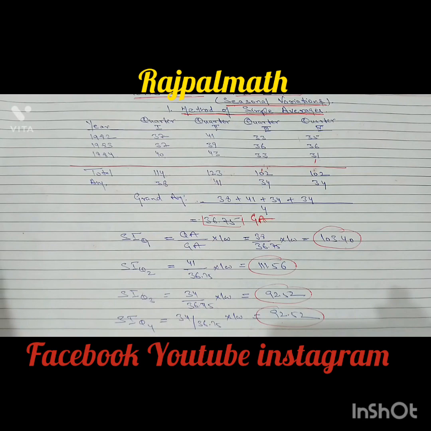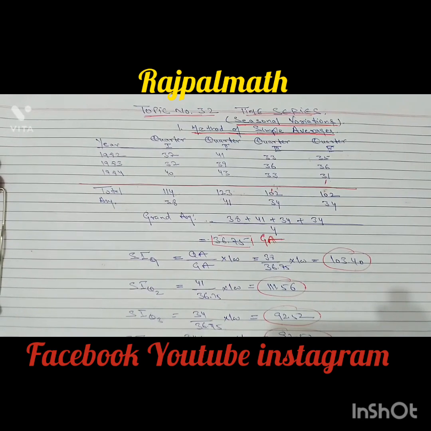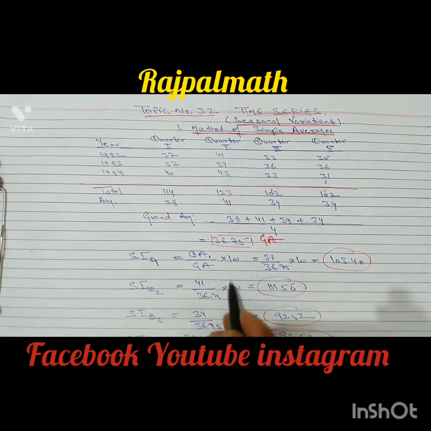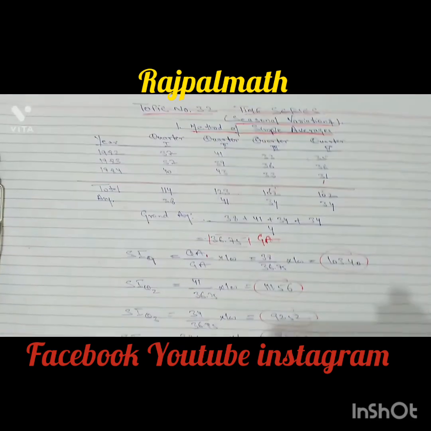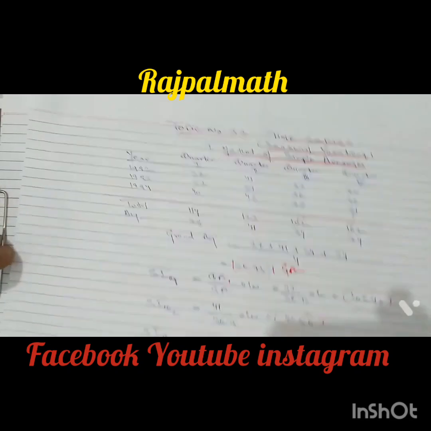Then the same for quarter 2, quarter 3 and quarter 4. The formula is the quarterly average over the general average into 100. This is the method of simple averages. Now the next method.